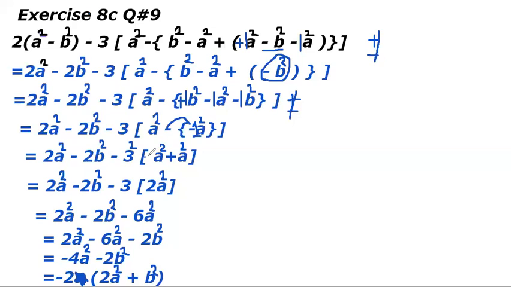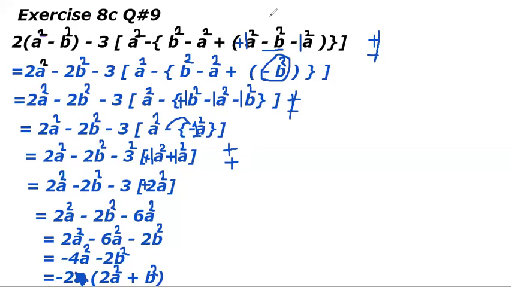A square means positive 1a square, and similarly positive a square means positive 1a square. Positive 1a square means positive sign 1 time, and positive a square means positive sign 1 more time. So it gives us 2 positive signs, or you can write positive 2a square.